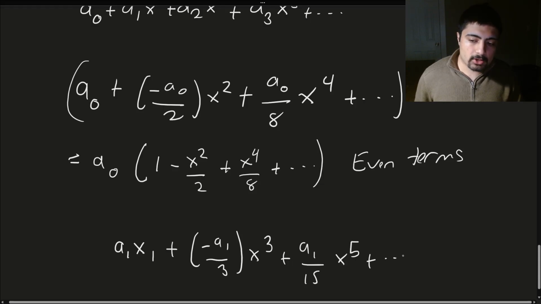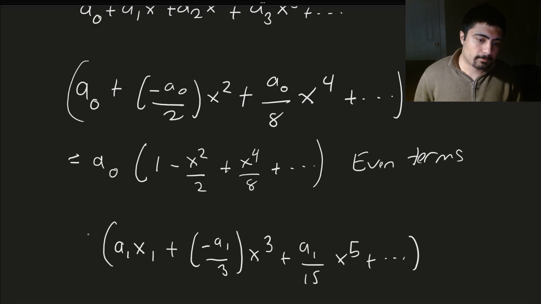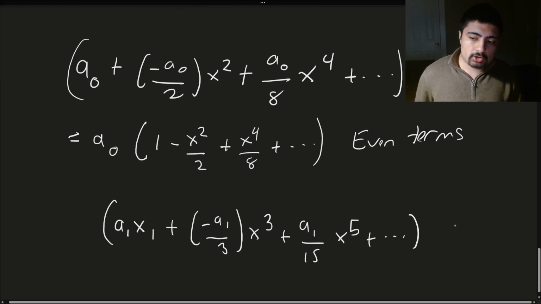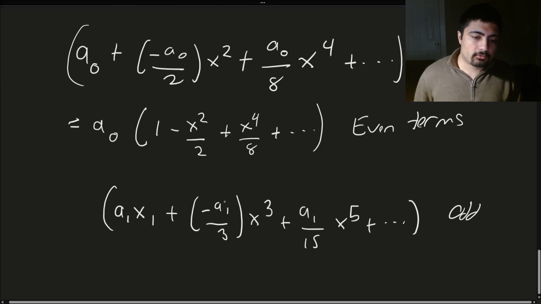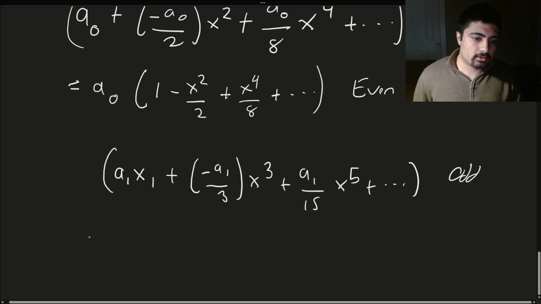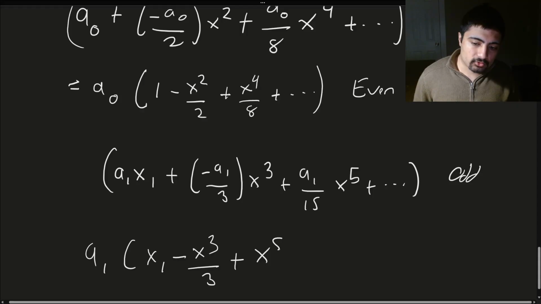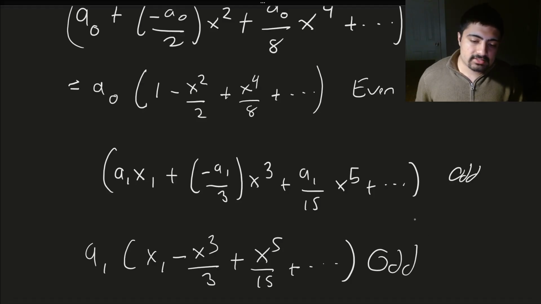And it will keep going. Okay, this is odd terms. For the odd terms, likewise, we can just pull out an a1 here, and we would have x minus x cubed over 3 plus x to the 5th over 15 plus dot dot dot. The first three terms are enough. And this is our solution.